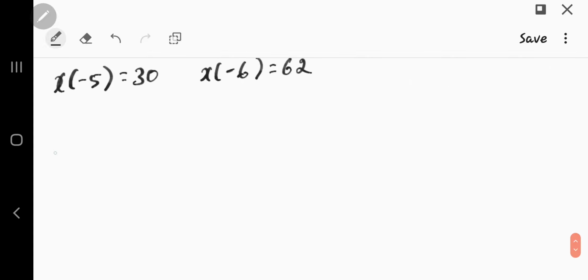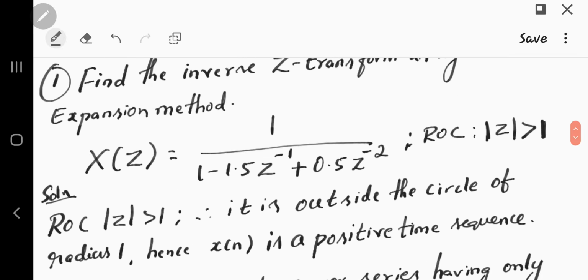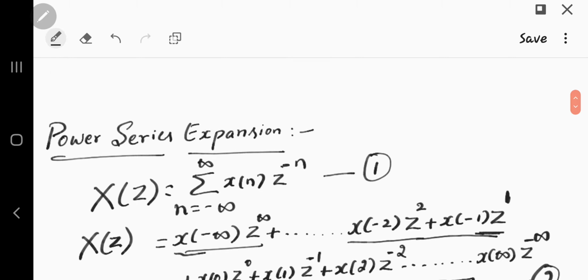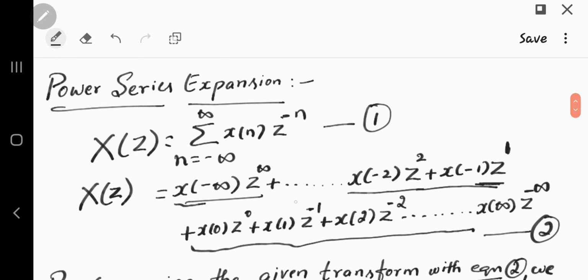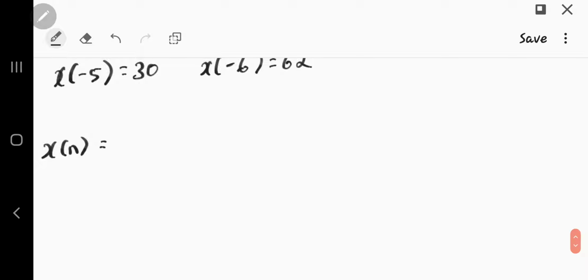Now while arranging this, if you see the power series, it starts from minus infinity and comes all the way to minus 2, minus 1 and 0. So you have to arrange in the same way, it will be better. Minus infinity is not calculated. The least value is x of minus 6, so first I will write x of minus 6, that is 62.